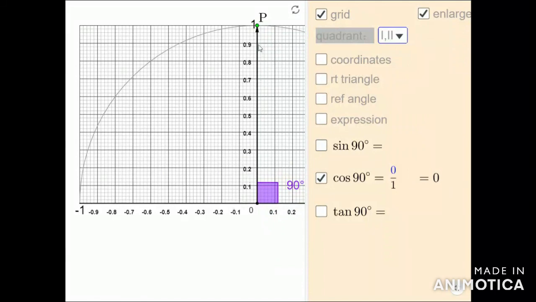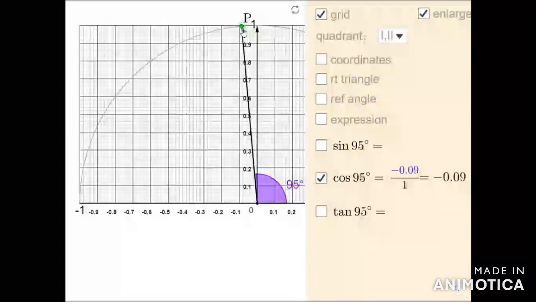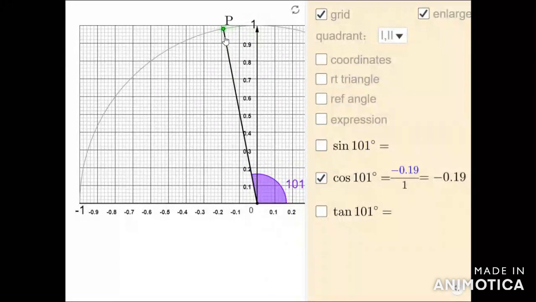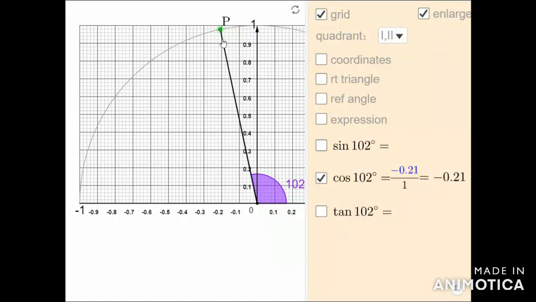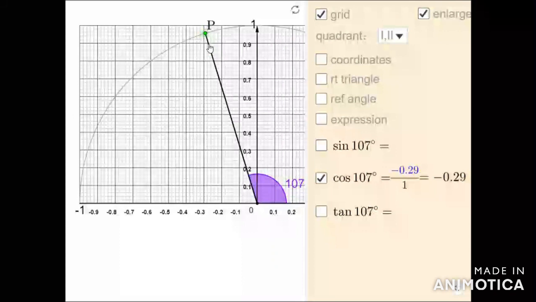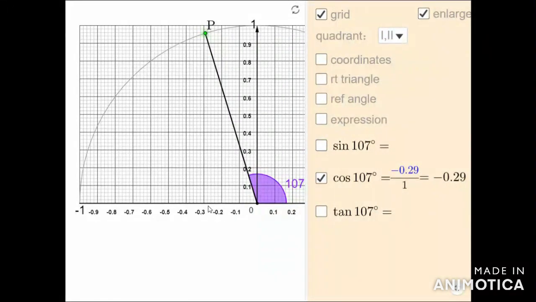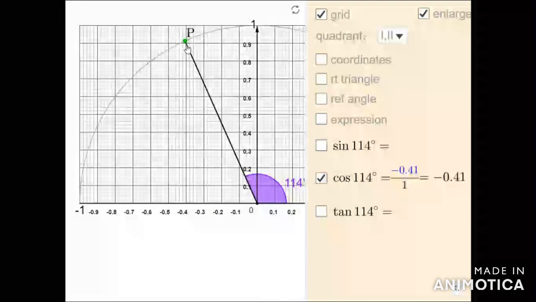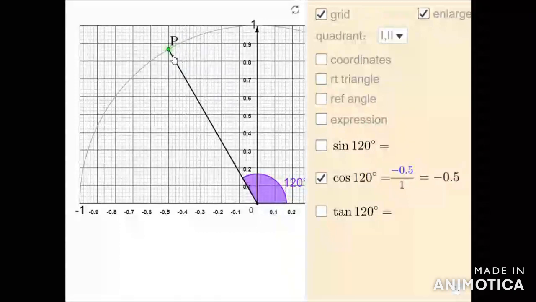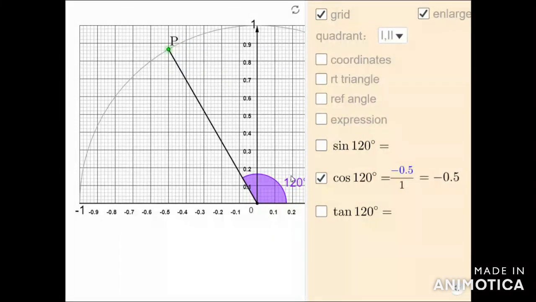You know that the x coordinate is negative, and if I shift the point here, you can observe the value of the x coordinate is negative, and at this point the x coordinate is minus 0.29, and therefore cos of 107 degree is equal to minus 0.29, and like this it is possible to find the value of the cos of any angle.